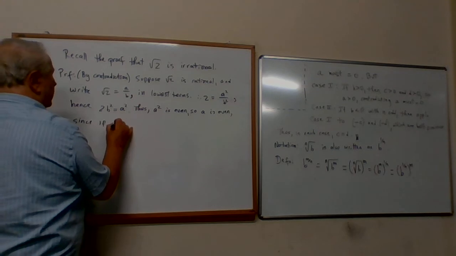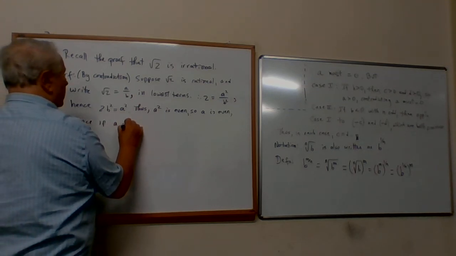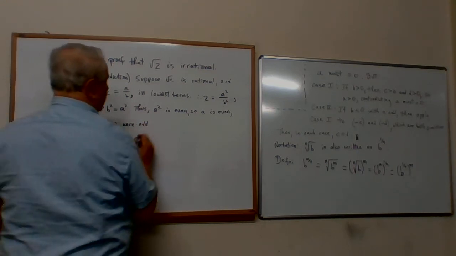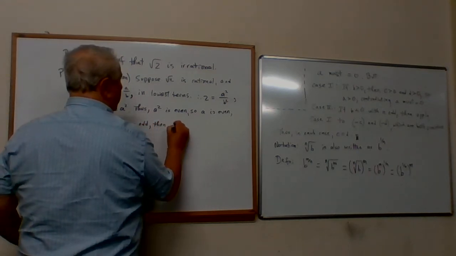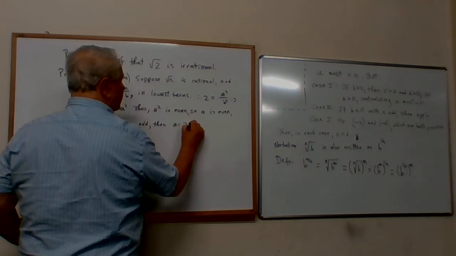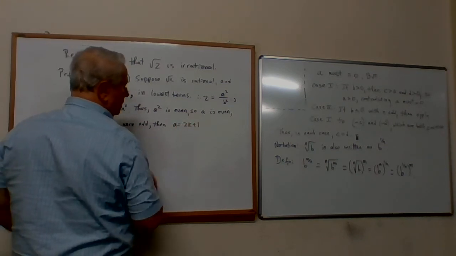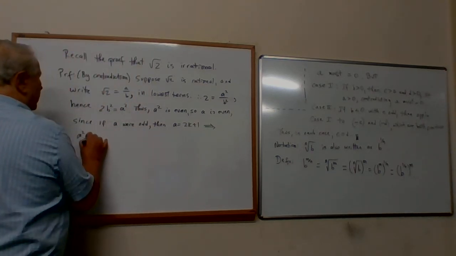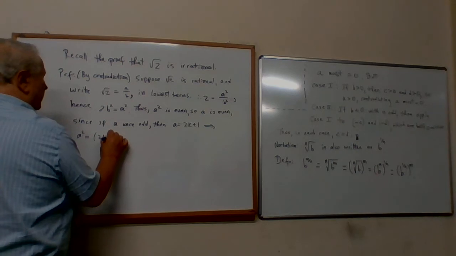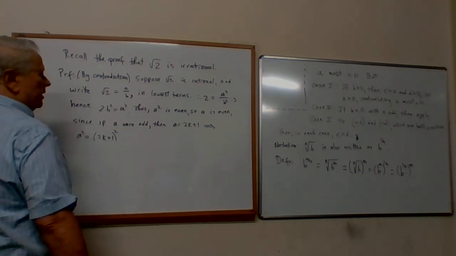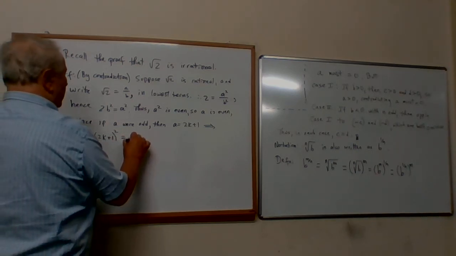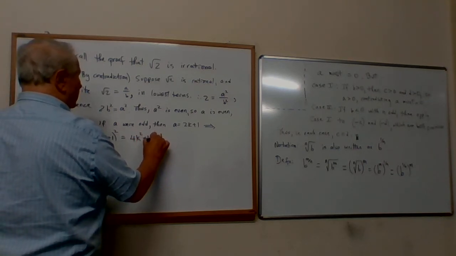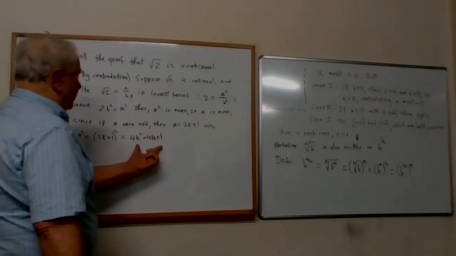Since if a were odd, then I could write a is equal to some even number plus 1, and that implies that a squared equals 2k plus 1 quantity squared, which is 4k squared plus 4k plus 1, which is odd.